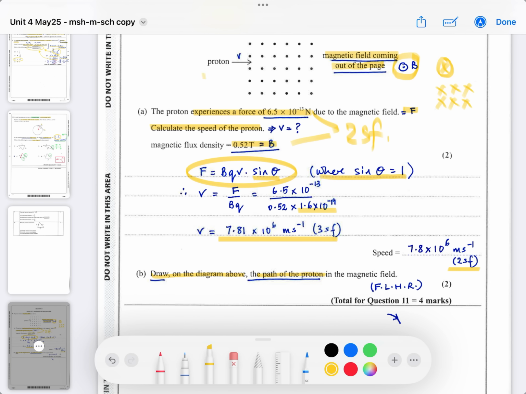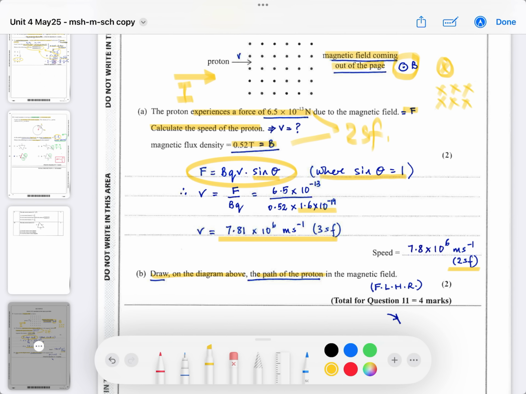So this is the same direction as current in a circuit. All right, so current is in that direction. If current is in that direction, your second finger should be placed to the left, your first finger coming out of the page, and your thumb will be pointing downwards.